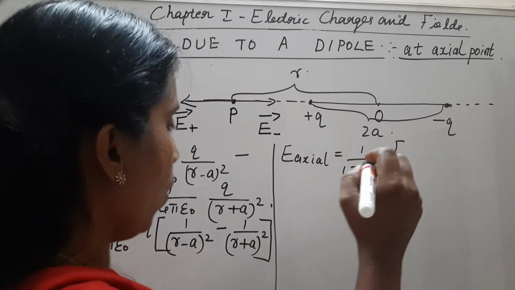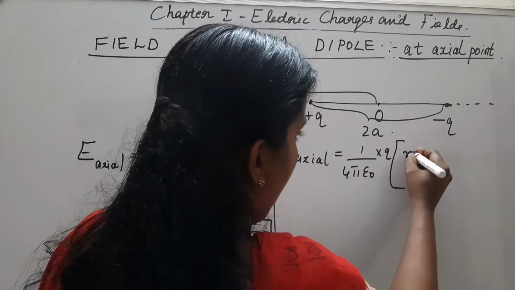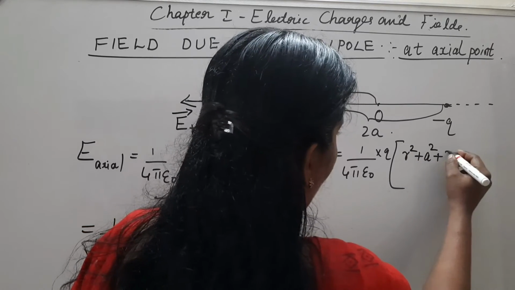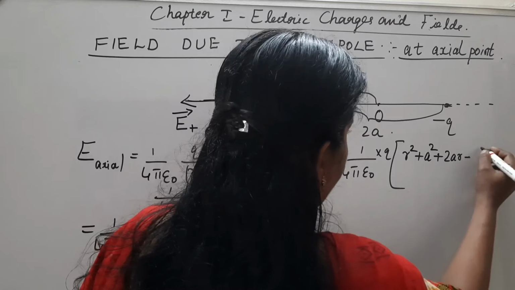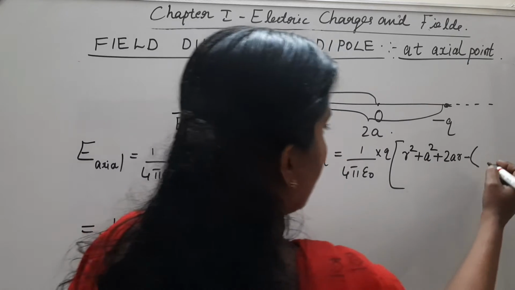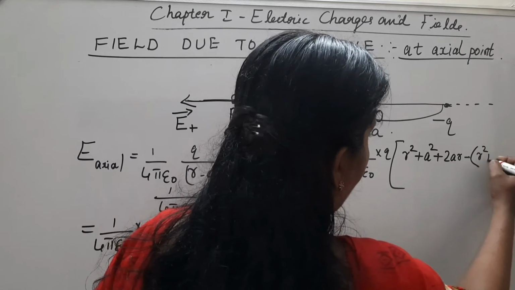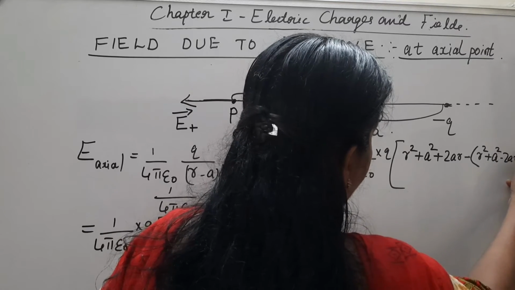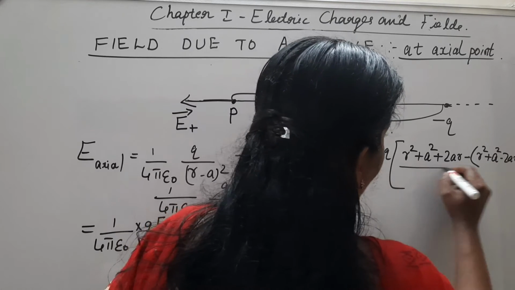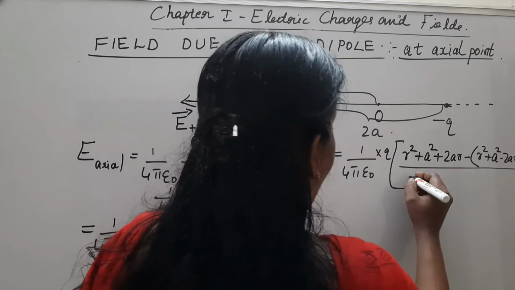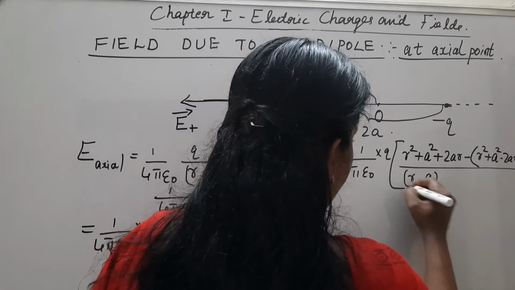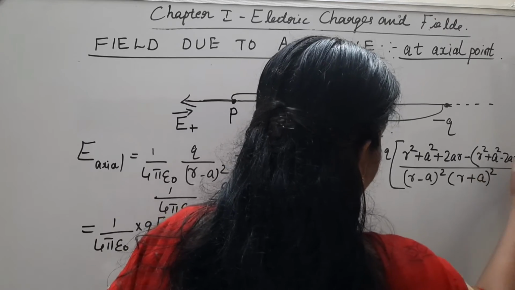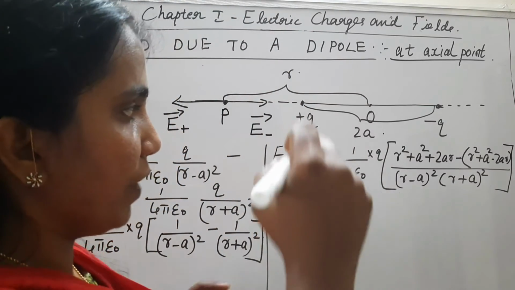So R plus A whole square becomes R square plus A square plus 2AR, minus R minus A square. So R square plus A square minus 2AR. That whole divided by R minus A whole square into R plus A whole square. So this is what we get.